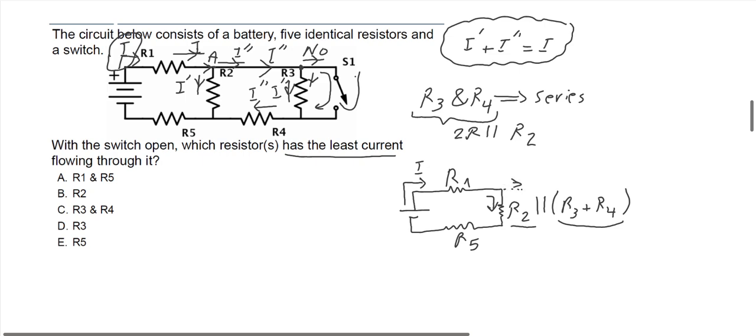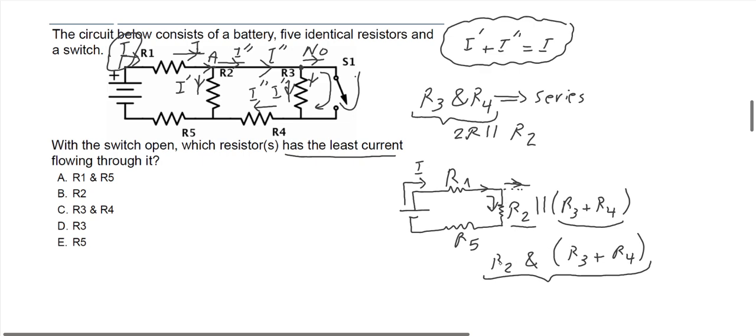That used to be R3 and R4. So I has to be divided between R2 and the equivalent of R3 and R4. The answer to the question comes down to this point.